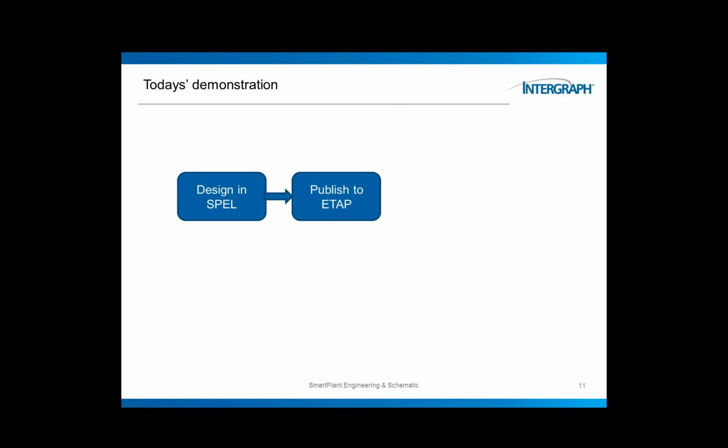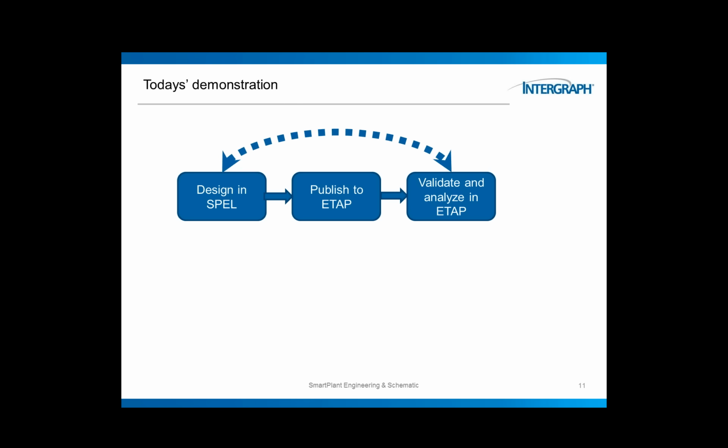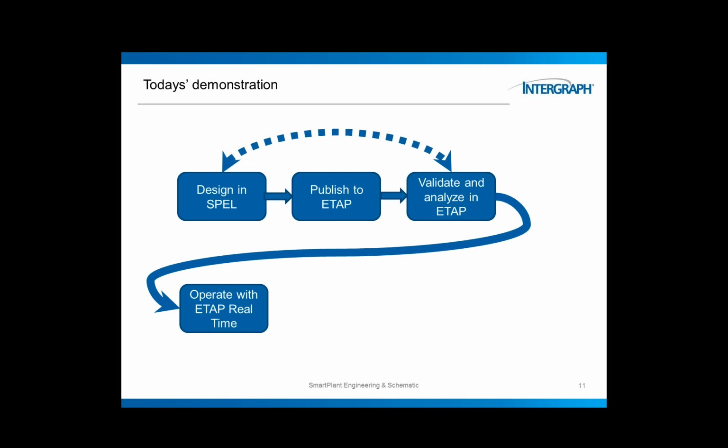All right, so today we're going to show SmartPlant Electrical, the design. We're going to publish or give the information to ETAP, and ETAP then validates and analyzes it, and we can feed it back. Like I said, if they find a breaker or a cable that's not rightly sized, we can make sure that those two environments are in sync. Later, when it is in operation, the real time will take over and monitor that.